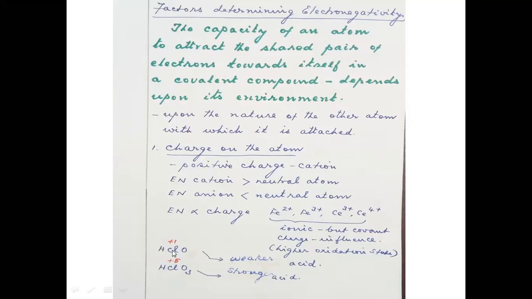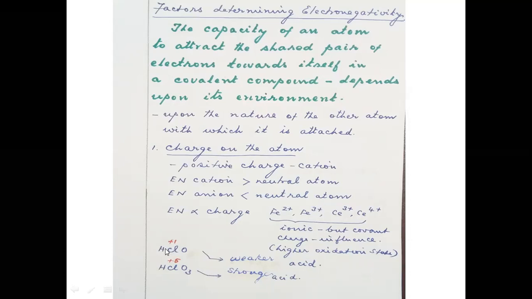See, now the chlorine is bonded to hydrogen and bonded to oxygen. Suppose you consider this bond, the shared pair of electrons between the hydrogen and the chlorine: what type of pull is experienced by these electrons? That is the electronegativity of this chlorine.